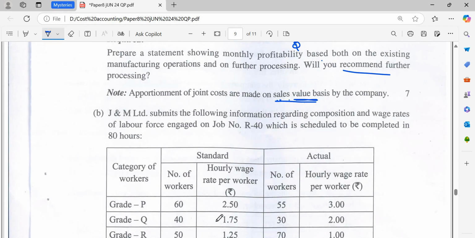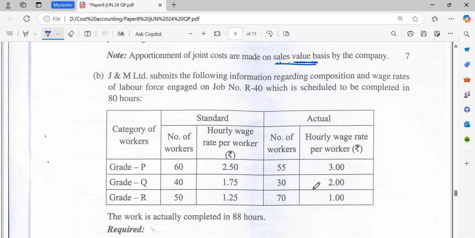So J and M submits the following information regarding composition and wage rates of labor force engaged on job number R40, which is scheduled to be completed in 80 hours. So for category of workers P, Q, R, we have standard time, number of workers, hourly wage rate, number of workers for actual, and hourly wage rate per worker they have given.